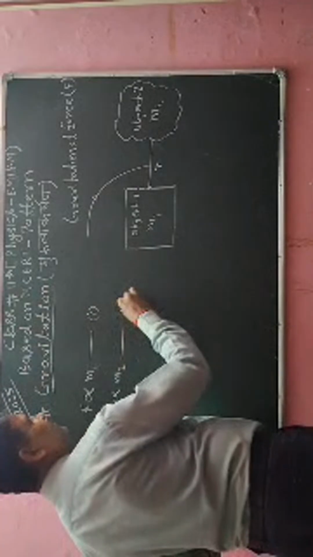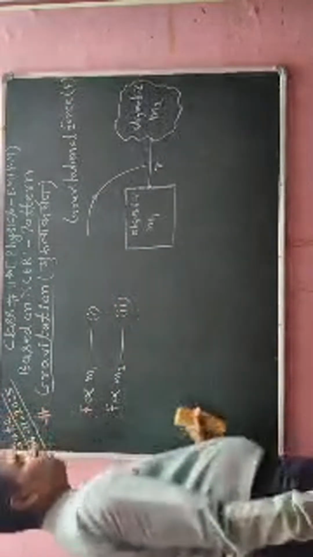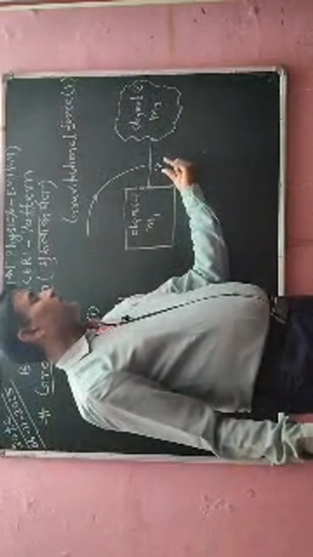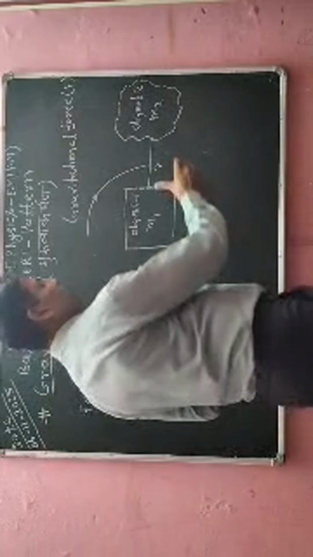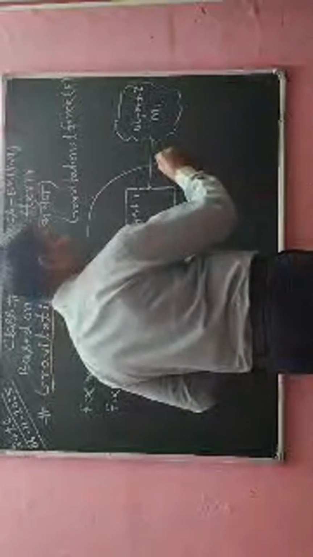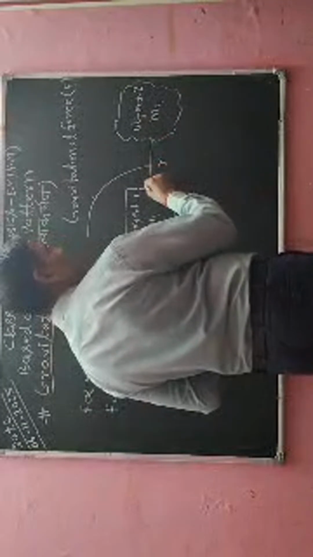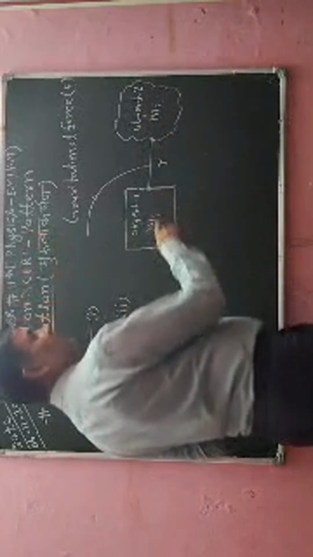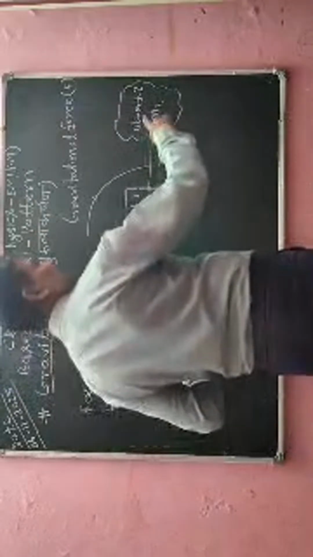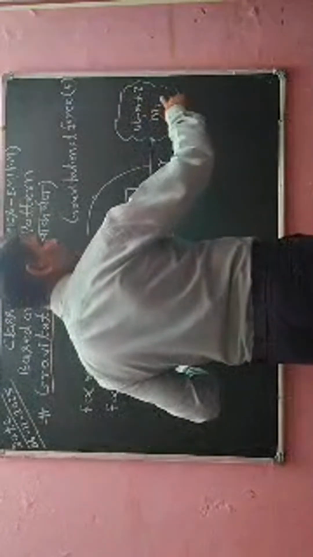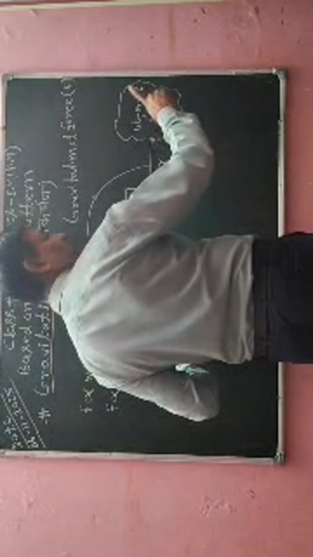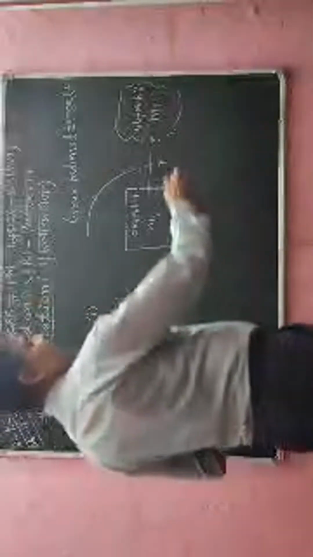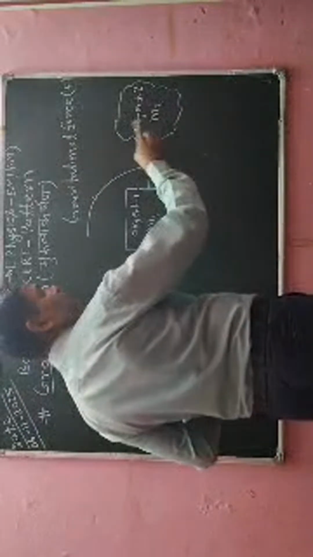This is equation number 2. Now here I have taken a variable r, and r is the distance between object 1 and object 2.